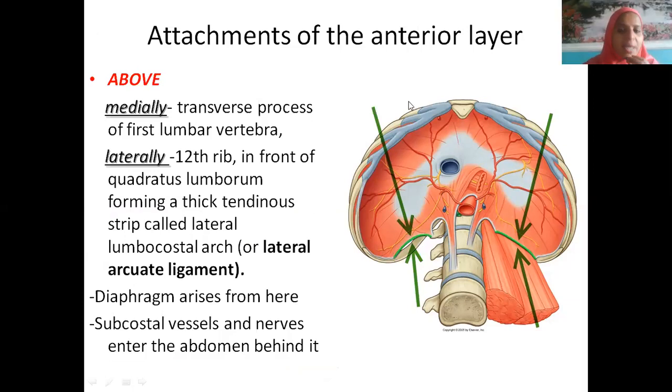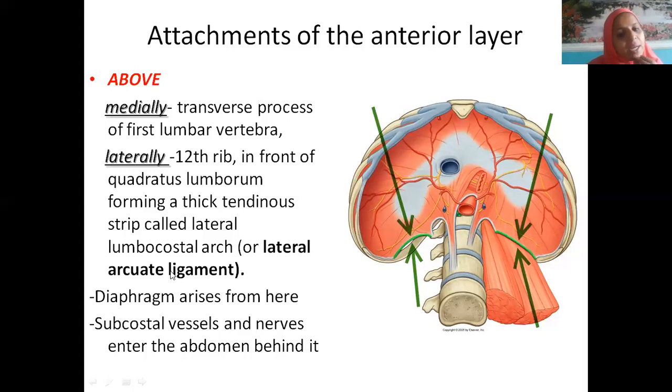So the superior extremity of the anterior layer is attached to the tip of the transverse process of the first lumbar vertebra medially, and laterally it is attached to the 12th rib. From this picture it is very clear. It covers the anterior aspect of quadratus lumborum, where it thickens to form the lateral arcuate ligament.